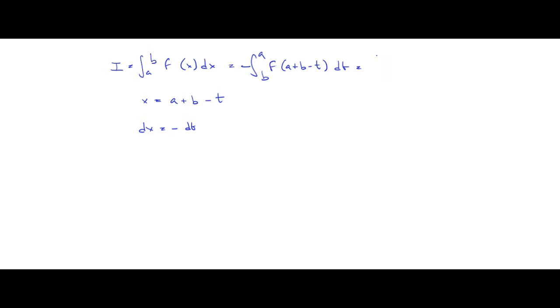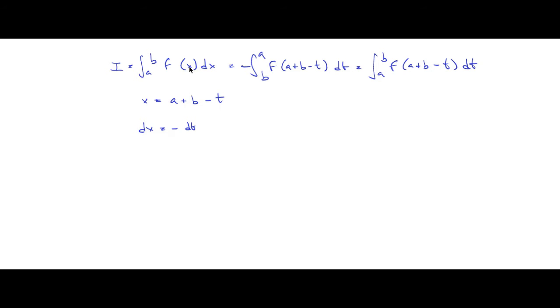But this is equal to this, f of a plus b minus t dt, right? So you see that you can, how to say this, write the original integral as an average of this.